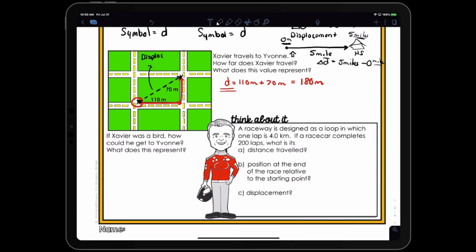All right, now remember, displacement is that vector quantity. It's a straight line path from our point of origin to the destination point. So another term that we use for displacement when we do a diagram like this is the resultant. All right, so the resultant vector, because it has an arrow associated with it, we're going to figure out what that value actually is.